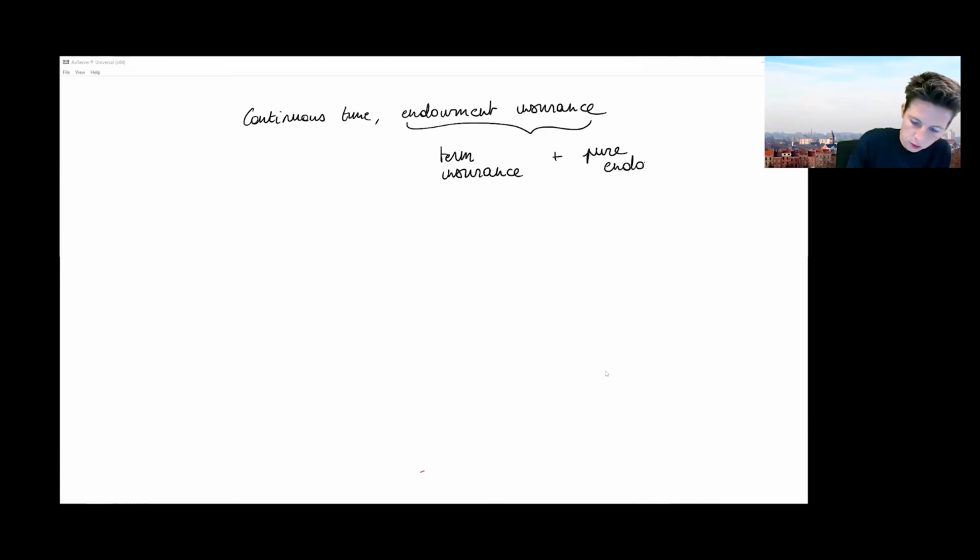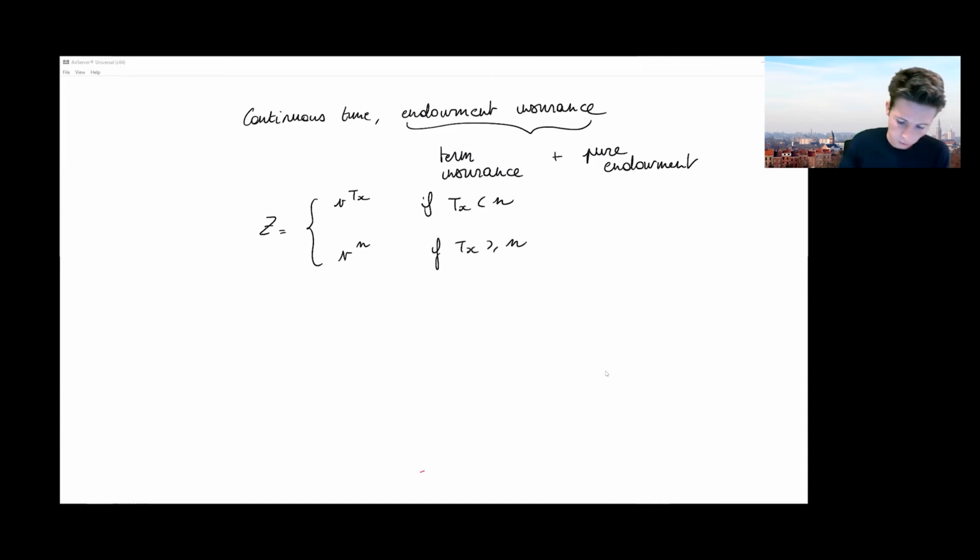And that's what we will see coming back in the valuation formulas that we put together. So if I would write down the expected present value of this thing, we write down the random variable Z. This random variable Z will take the value v to the power Tx if Tx is less than n, and it will take the value v to the power n if Tx is larger than or equal to n.